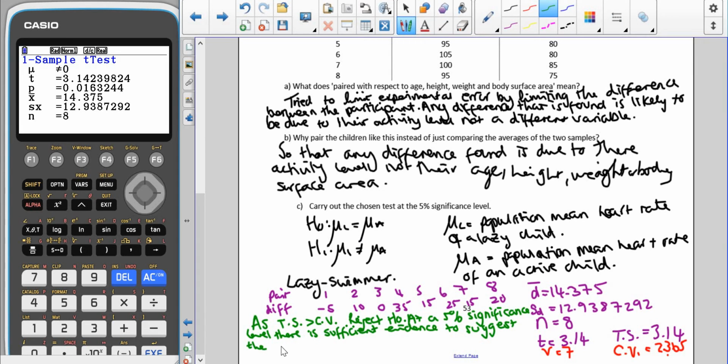So the mean heart rate for lazy children is not the same as the swimmers.